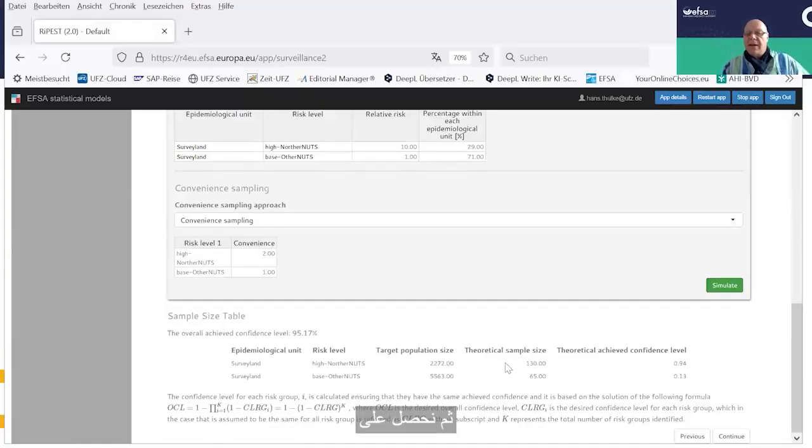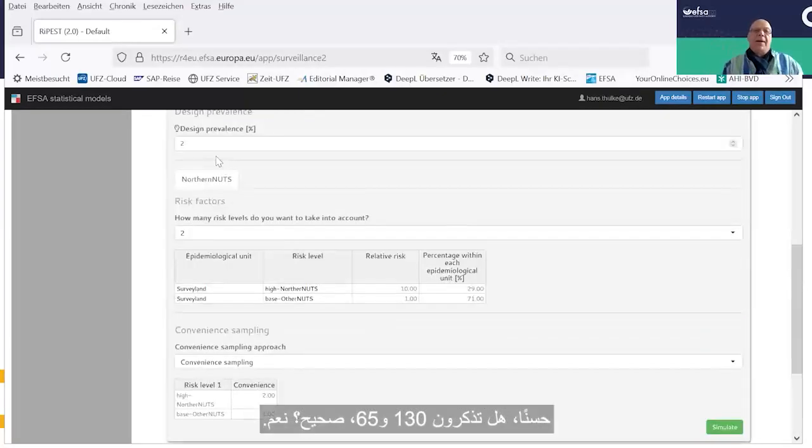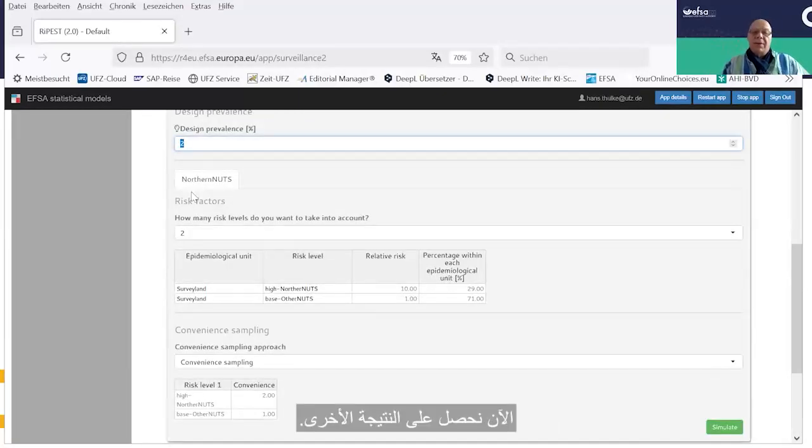And then we get the calculated number of inspection units, 130 and 65 for the baseline. And we also get an indication of the achieved confidence level from the individual areas. So remember 130 and 65, right? Yes.